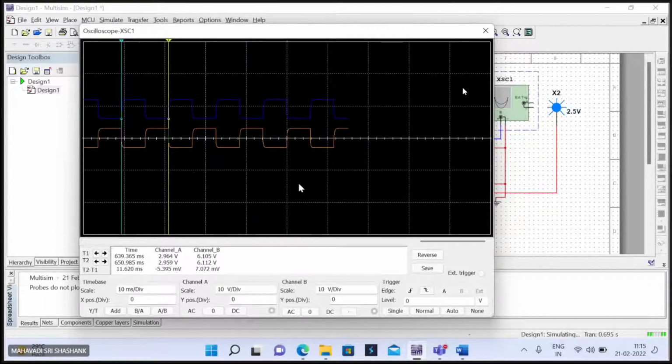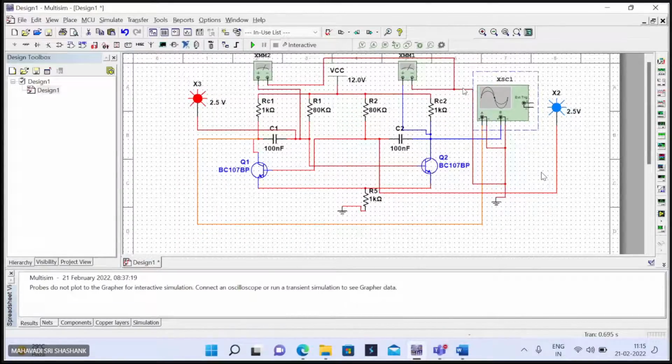Okay. Here it's 90 hertz, like 6.39 milliseconds and 6.50 milliseconds. So the frequencies are matching, right? They are in proximity with each other, right? Yes, ma'am. Okay. Please show me your circuit once more.